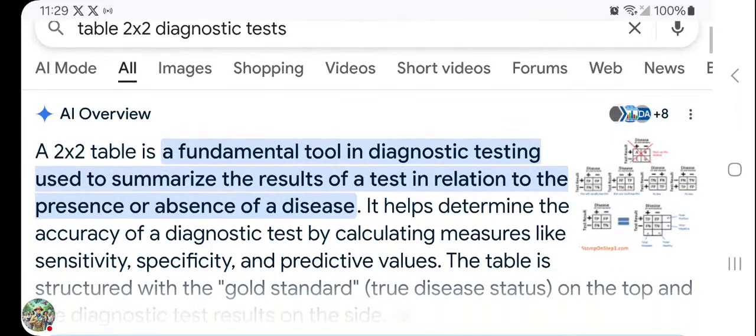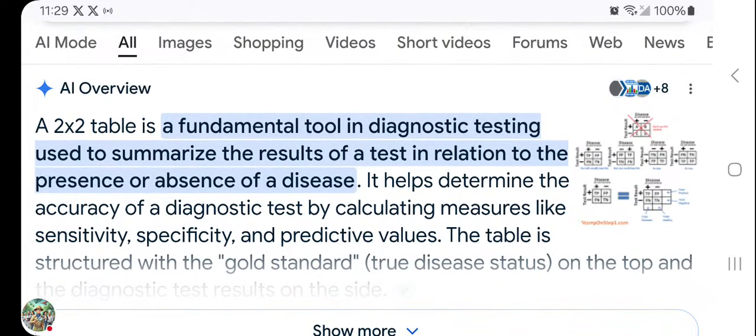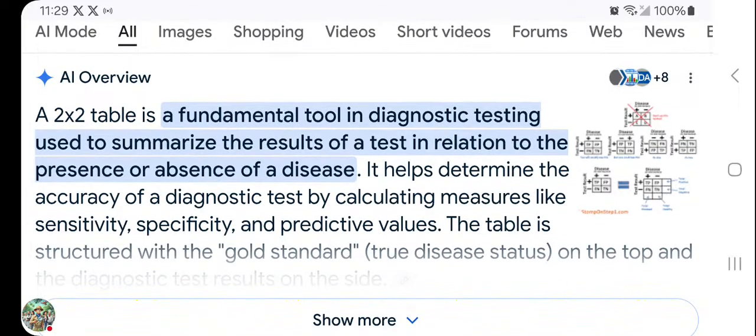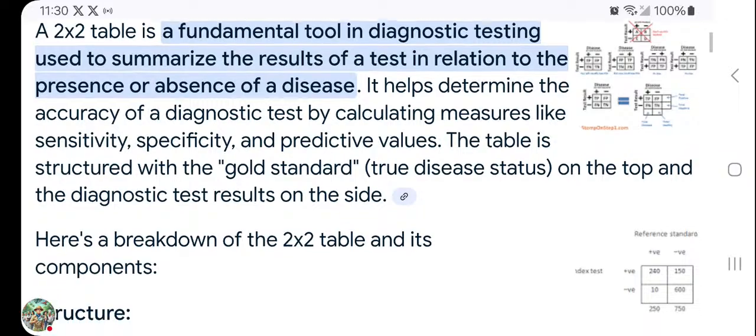It helps determine the accuracy of a diagnostic test by calculating measures like sensitivity, specificity, and predictive values, which are PPV and NPV. The table is structured with the gold standard disease status on the top, and the diagnostic test result on the side: sick, healthy, test positive, negative.